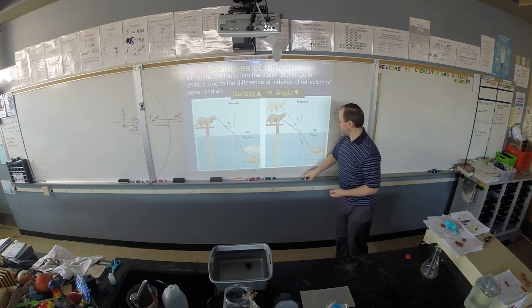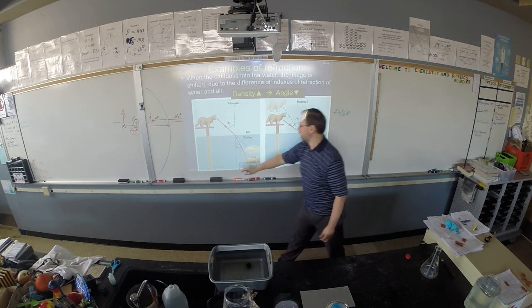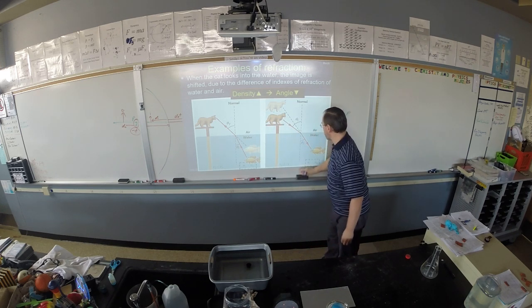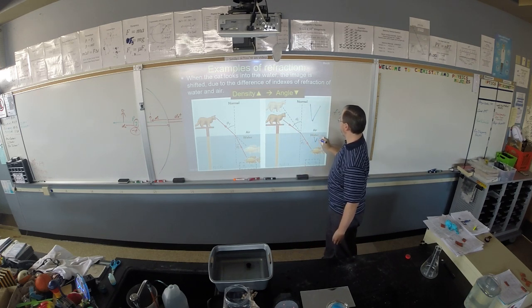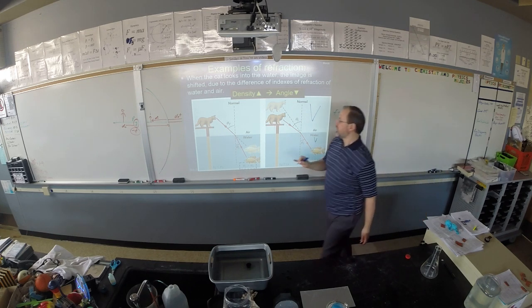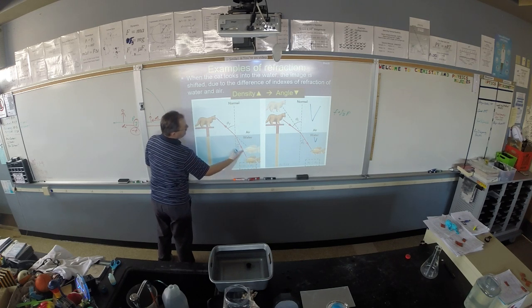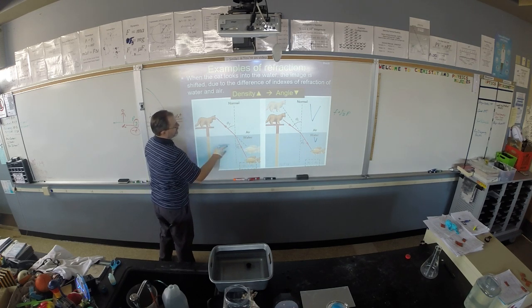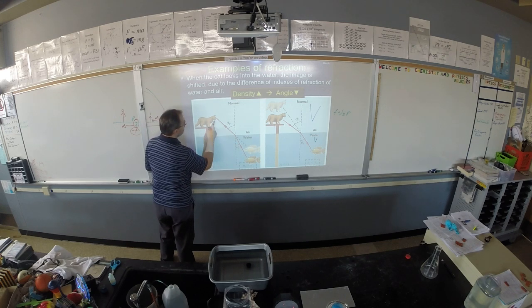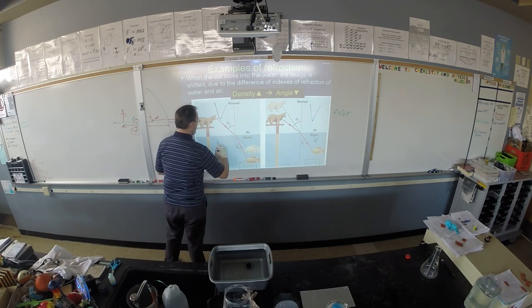So here we have big V, and here we have little v. And when the environment is illuminating the fish, it sends its light beams to the cat, and the cat sees the fish. Here, once again, big V, and here we have little v.